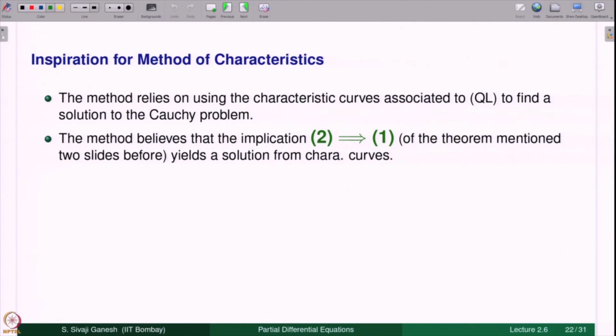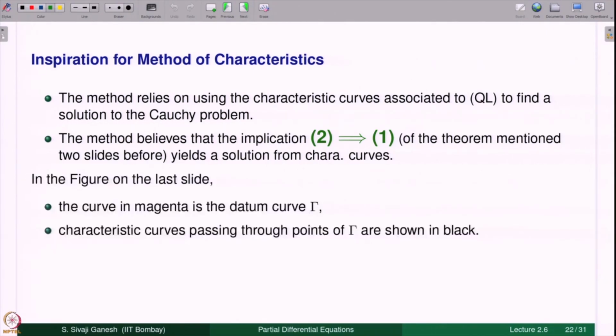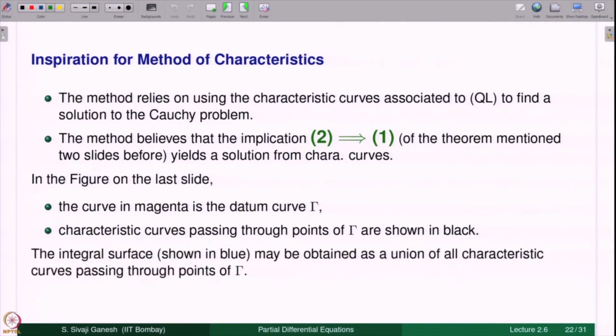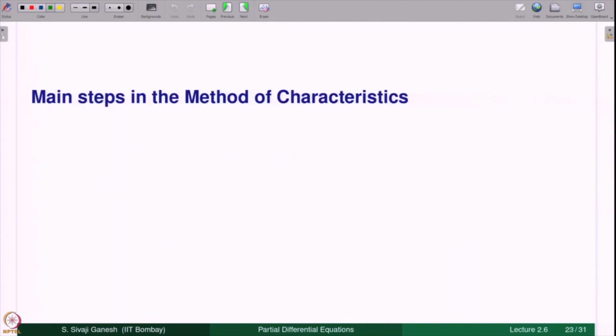It believes that we can take the union of characteristic curves, somehow get that function u, and it will be alright. In the figure on the last slide, the magenta curve is the datum curve, characteristic curves passing through points of gamma are in black, and the blue surface is a union of black lines. The integral surface may be obtained as a union of all characteristic curves passing through points of gamma. So, it is working in that example. Of course, we knew the answer beforehand, but the inspiration is fine.